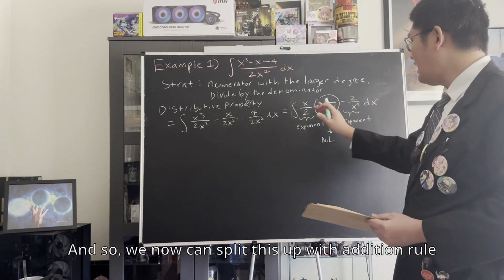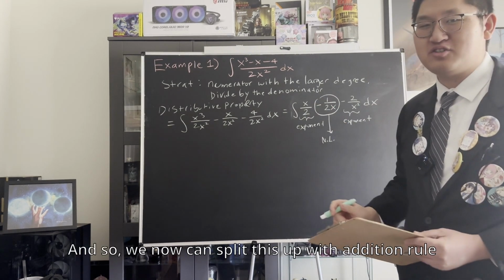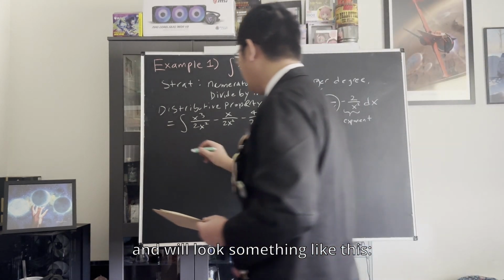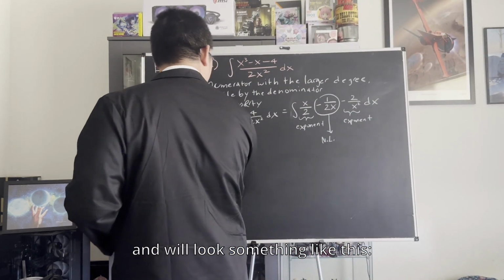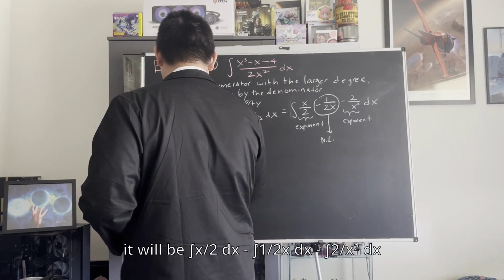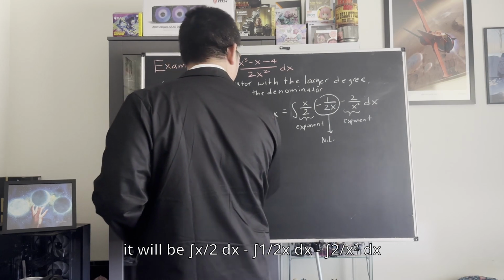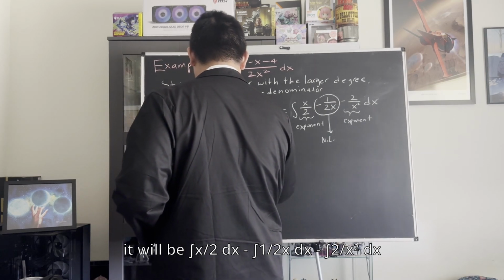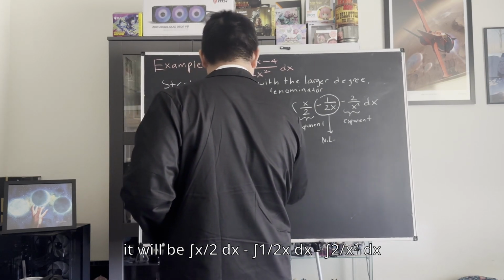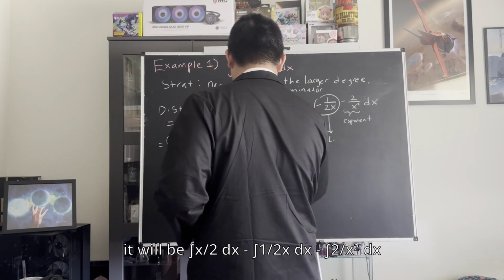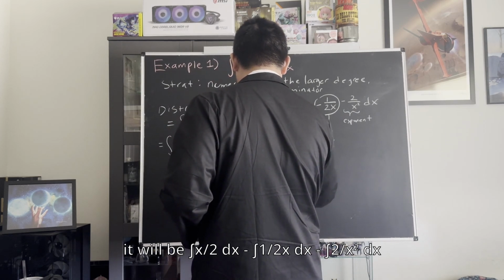And so we can now split this up with the addition rule, and it will look something like this. It will be the integral of x over 2 dx, subtracted by the integral of 1 over 2x dx, and then subtracted by the integral of 2 over x squared dx.